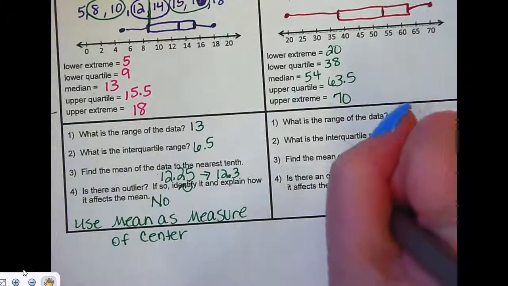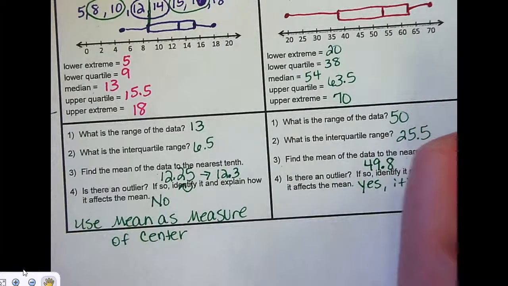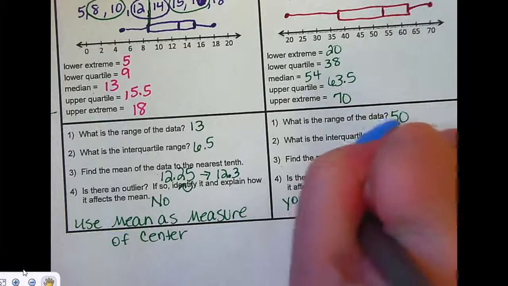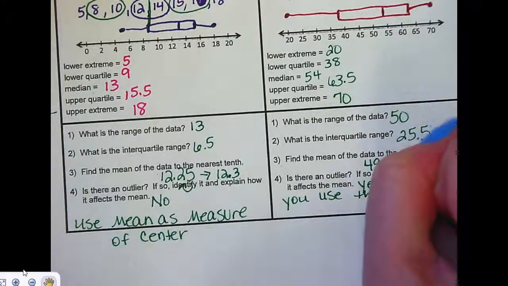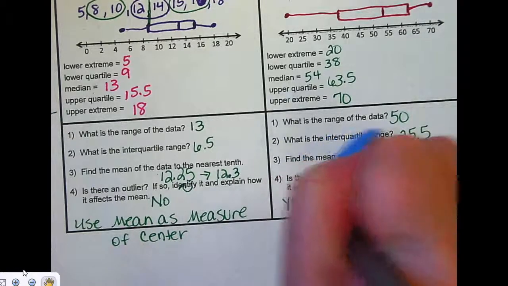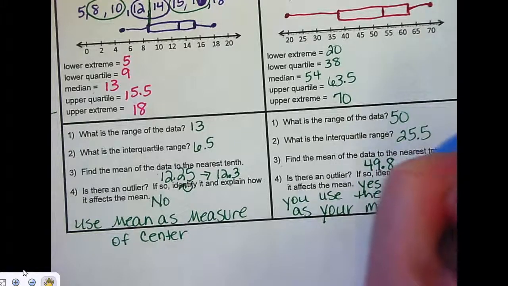And over here, yes, it's 20. So you use the median as your measure of center.